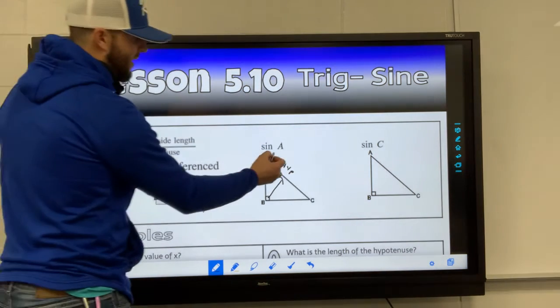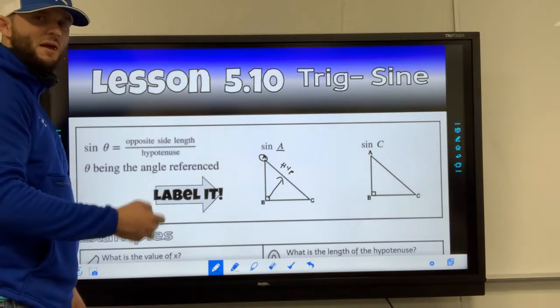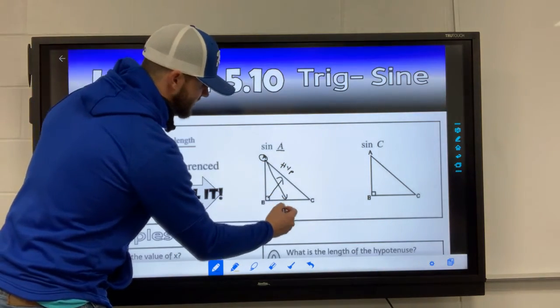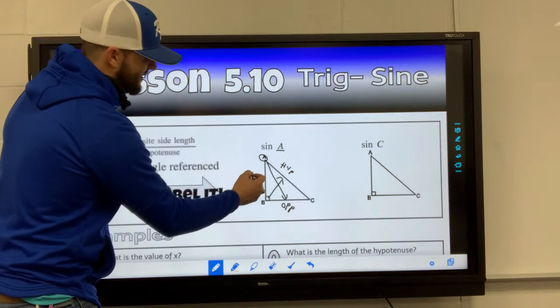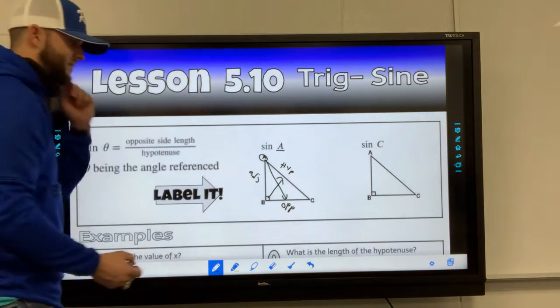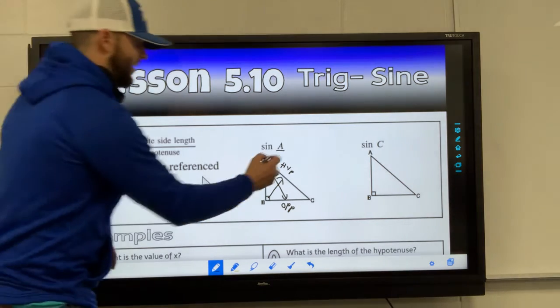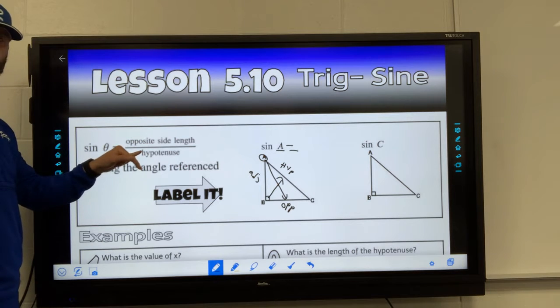And so right now I'm doing the sine of A. So whatever angle A is, that's what I'm working from. So opposite of angle A here is going to be my opposite side. And then the third side that I did not label is going to be my adjacent side. So if I'm going to write the sine ratio of A, that's going to be equal to the opposite side over the hypotenuse.